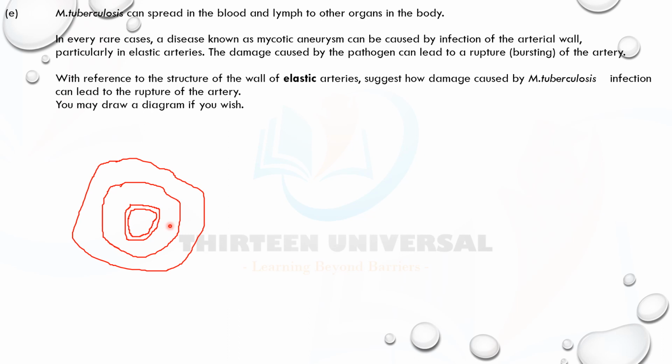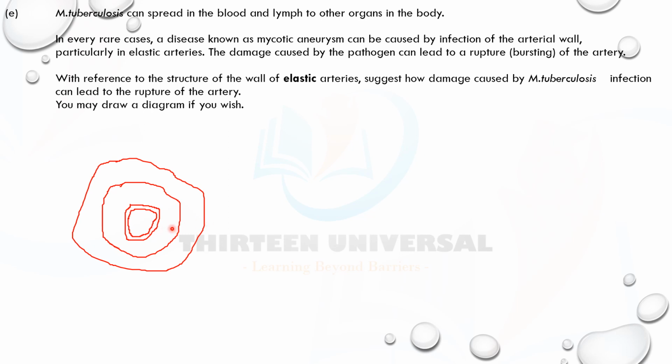Elastic fiber is the same. So when they are damaged by the pathogen, they can no longer give strength, so because of that, the artery will rupture. Remember that due to high pressure, the elastic fibers always expand and recoil.